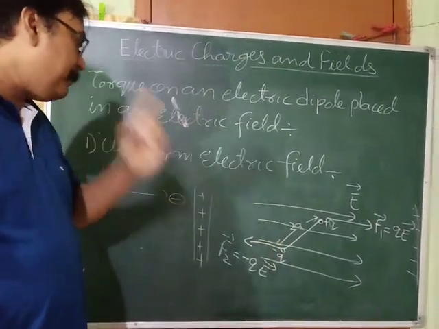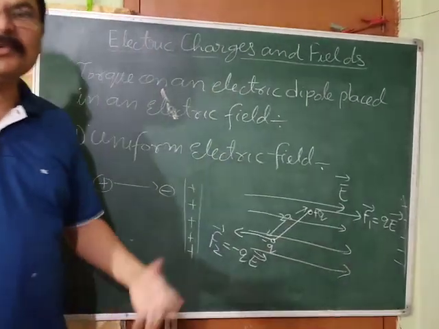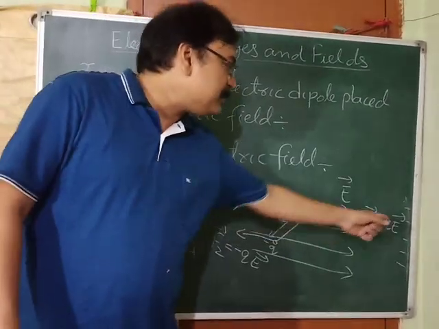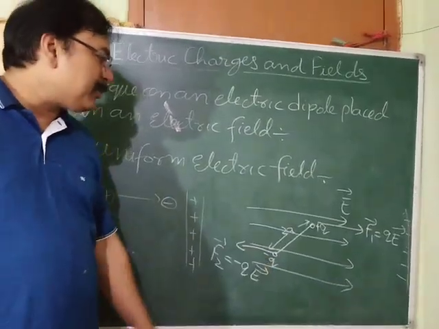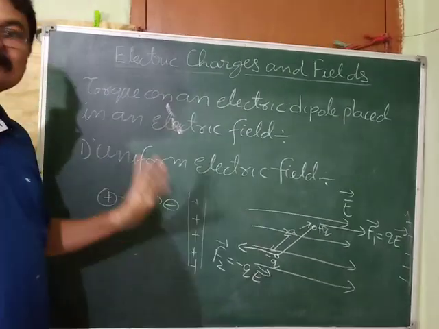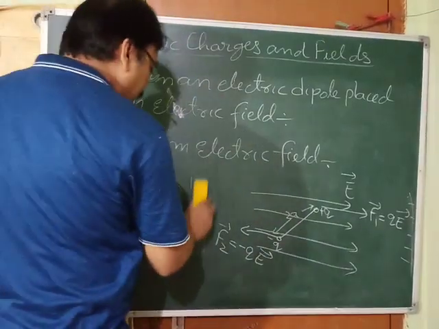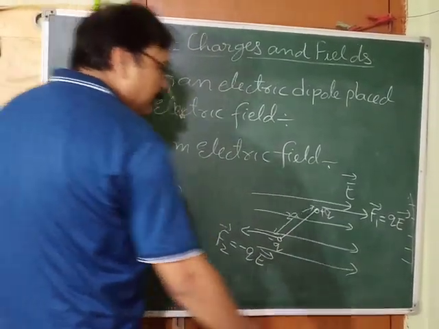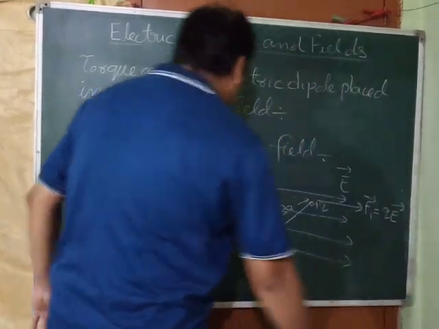Now you tell me, will a positive charge be attracted by positive charge or negative charge? Obviously negative charge, so it will feel a force in that direction. And will a negative charge be attracted towards negative or positive charge? Obviously positive charge, so it will feel a force in this direction. Got it? Now I'm going to rub this because it is not required. We draw only those things which are required, always in the examination also.